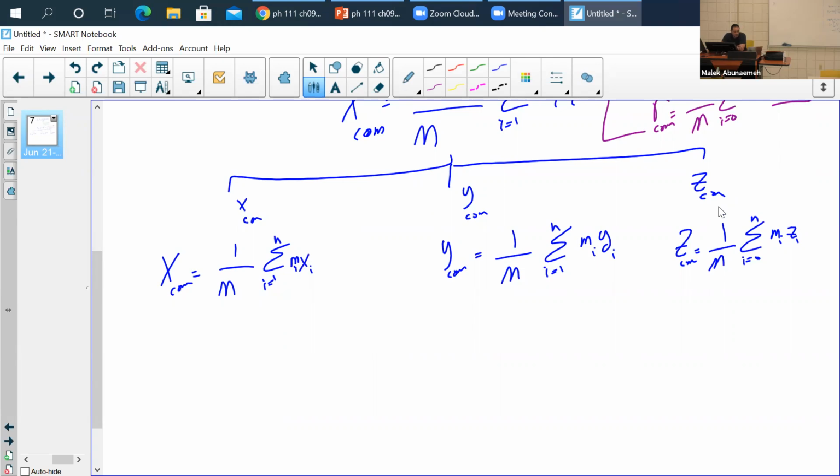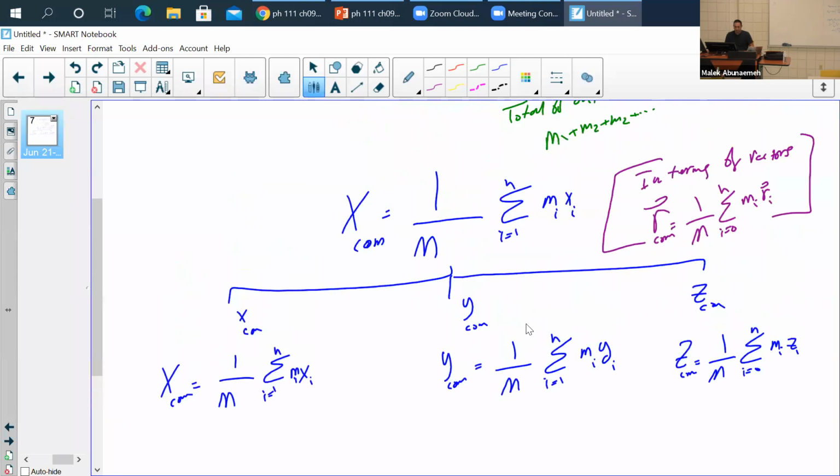Now, we also define density. Let me just write this down over here. Define density rho as your mass per unit volume.